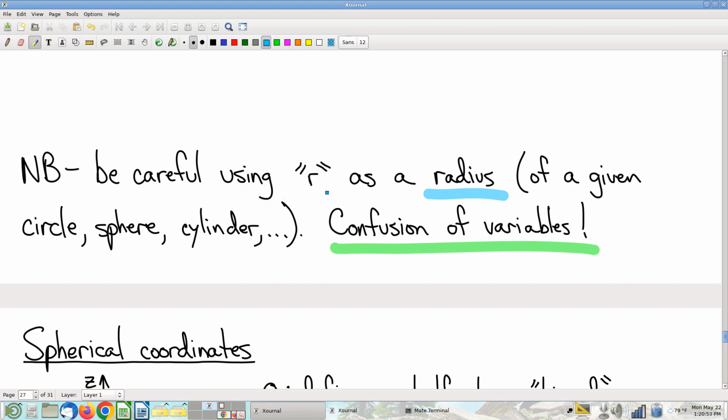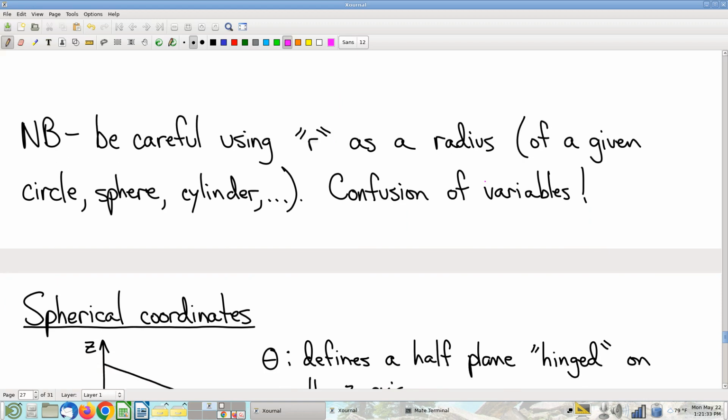So I would advise you've got various other options. You can use r naught, or you could use capital R, or you could use r sub s for the radius of the sphere and r sub c for the radius of a circle, or just not plain old vanilla straight up r. That would be a confusion of variables problem. Everybody see what I mean? I know it's annoying and seemingly trivial, but sometimes trivial things can create massive confusions, and you just got to be careful about that.